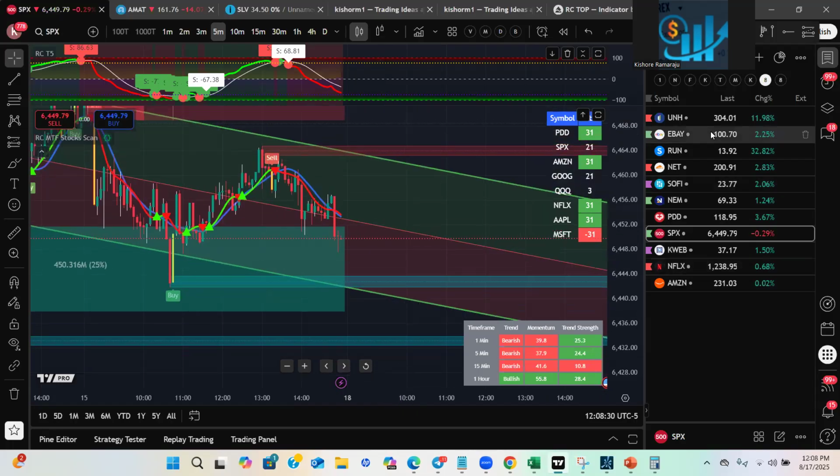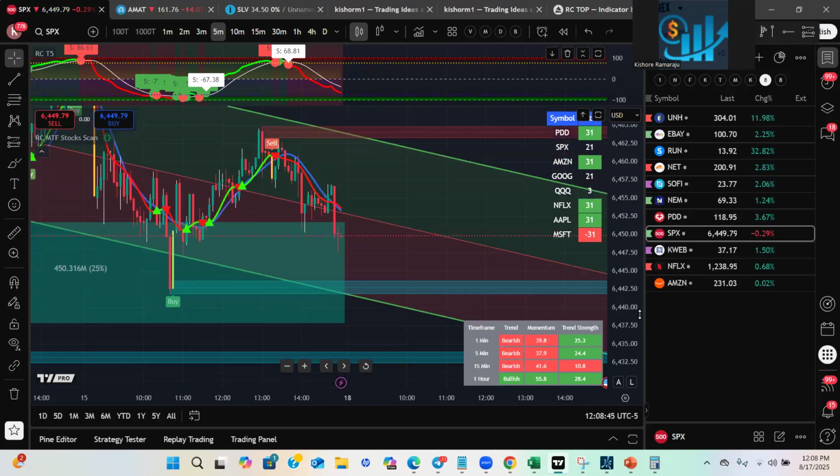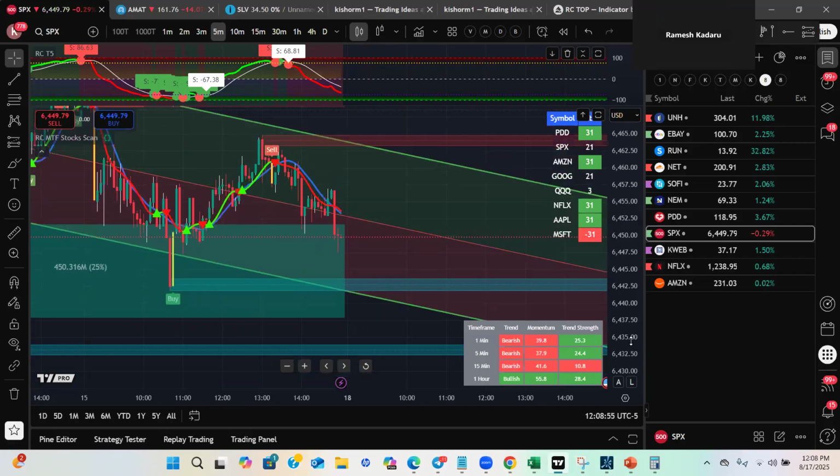So generally SPX is the best ticker to trade all these iron condors or butterflies. There is no risk of assignment, because if a stock suddenly gets assigned, most of your capital is blocked. Right. Yeah, that's the issue.